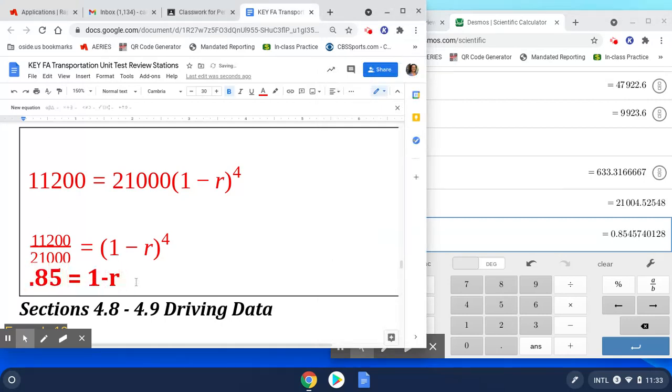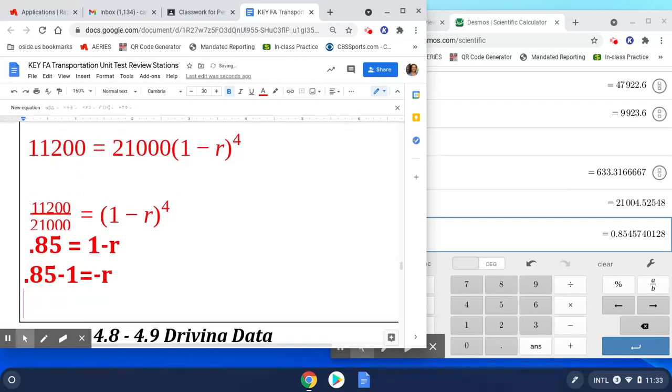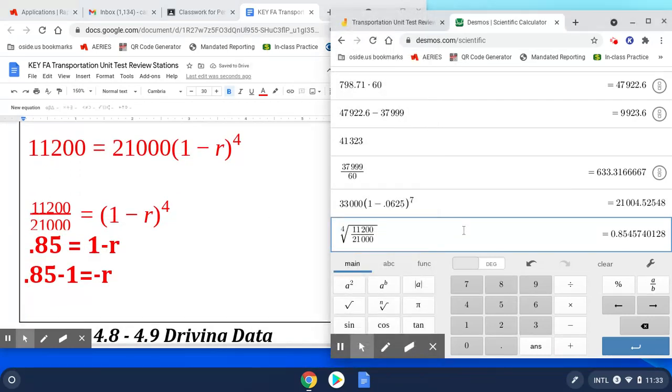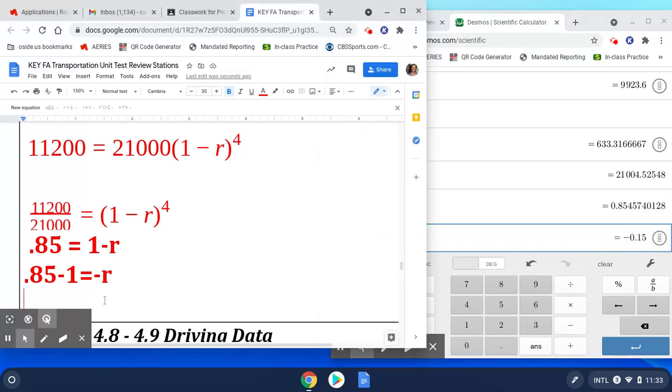All right, and so if we're trying to solve over here for this, we can minus the 1 from the 0.85. So we're going to do 0.85 minus 1, and that's going to equal negative r. And so over here we go 0.85 minus 1 is negative 0.15, which is equal to negative r.